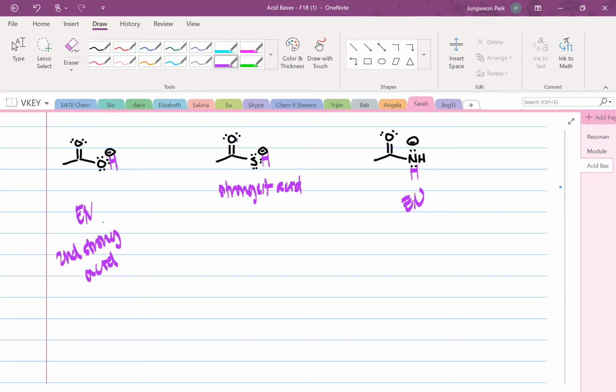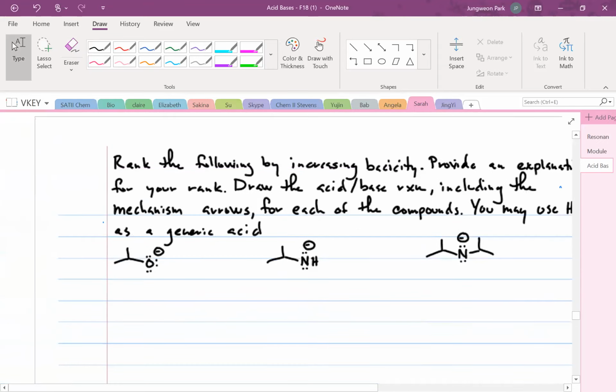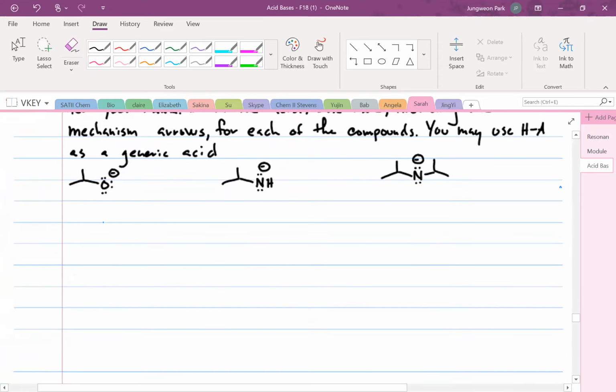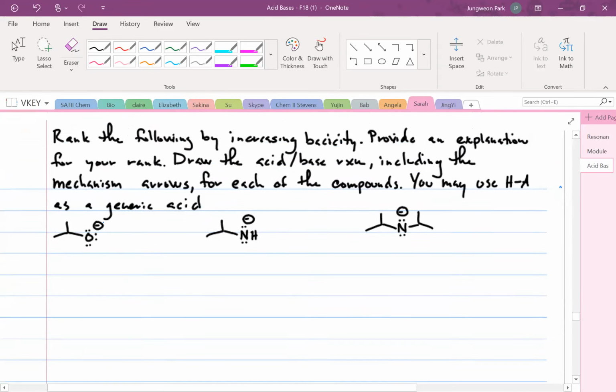Let me do another one. This is also a base.